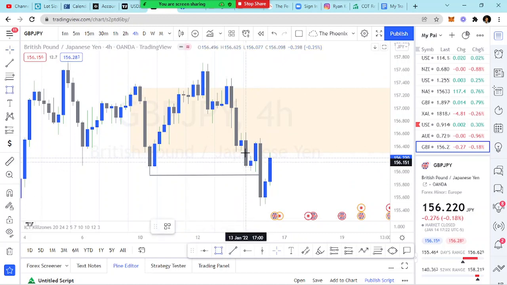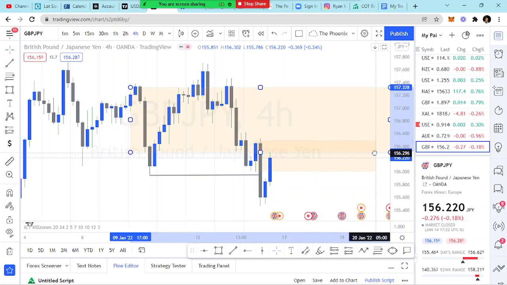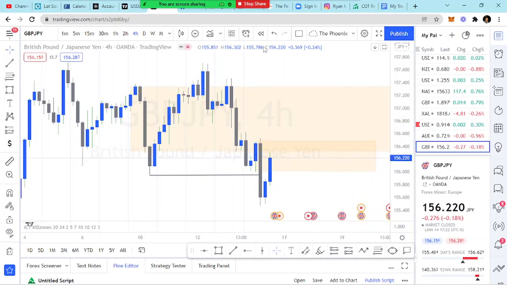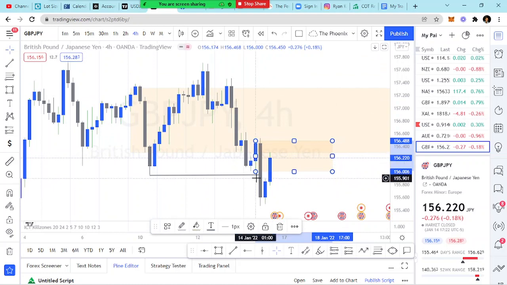So let's mark out this order block here. I'm really breaking it down for you guys so you understand how you would actually use the multi-time frame analysis to verify your trade. Okay, the price has mitigated about 50%, just above, of the order block here.